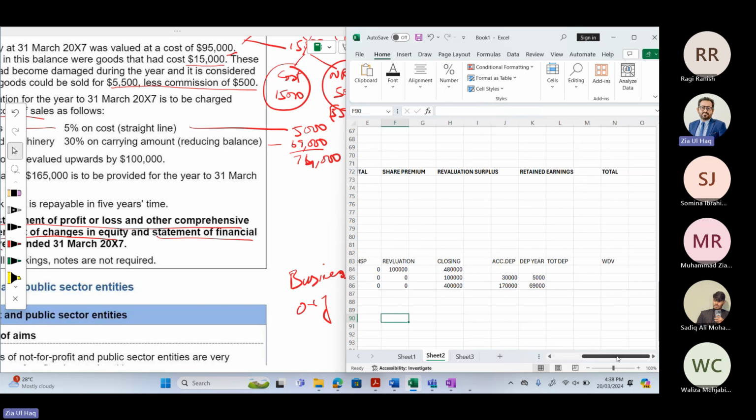And for accumulated depreciation, we need to calculate total depreciation.